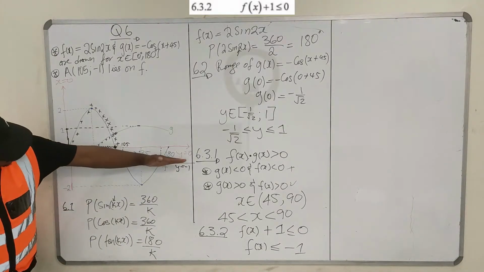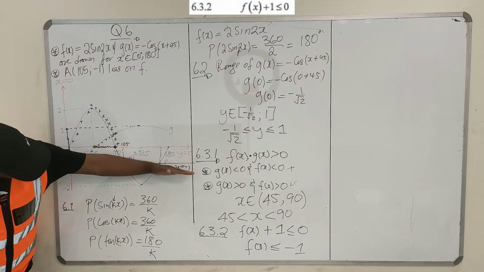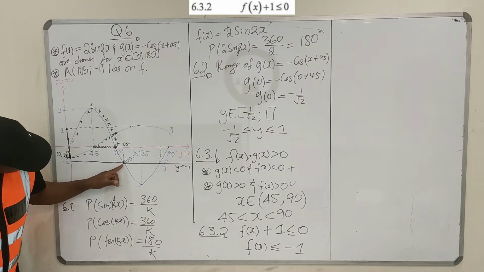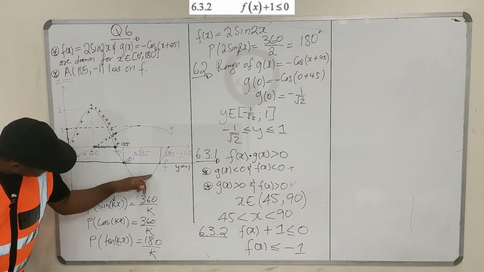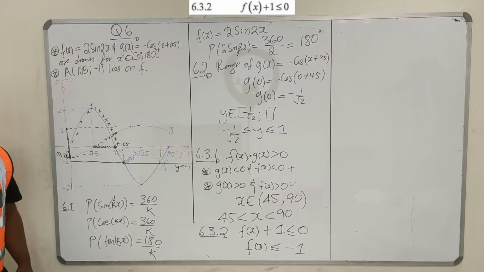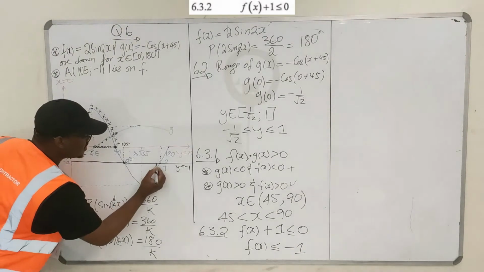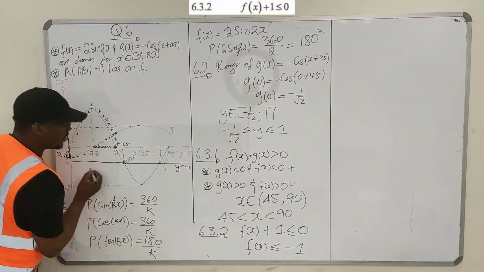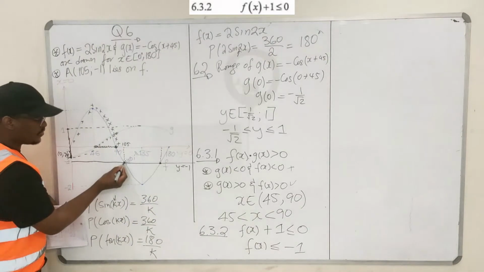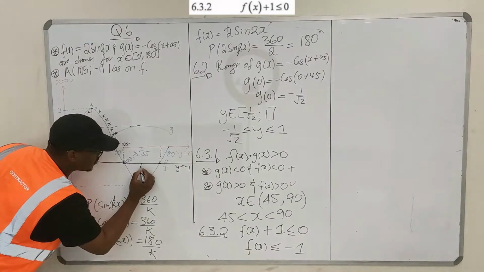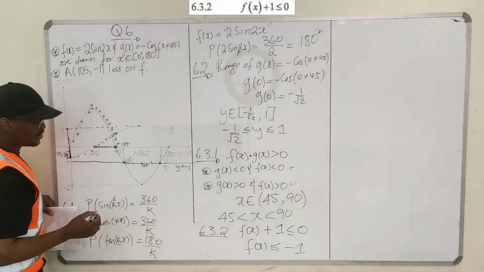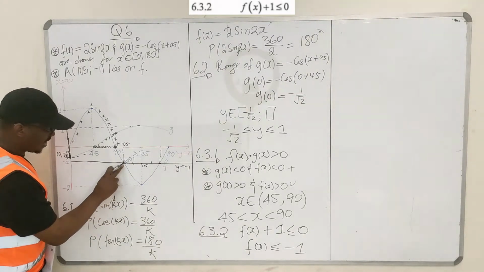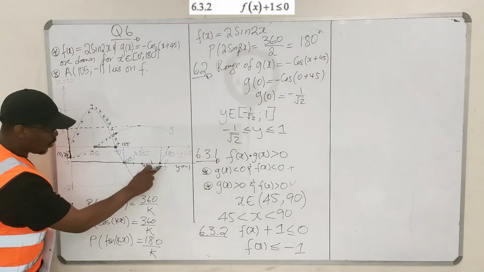Then you can see that from here, it is minus 1 and it's below minus 1 here, up until it returns back to minus 1. So you must find what this value is and what this value is. You know what this one is, 105. You know this one is 135, and this one is equal to that one. So it's more like you have a midpoint and you want that x coordinate.